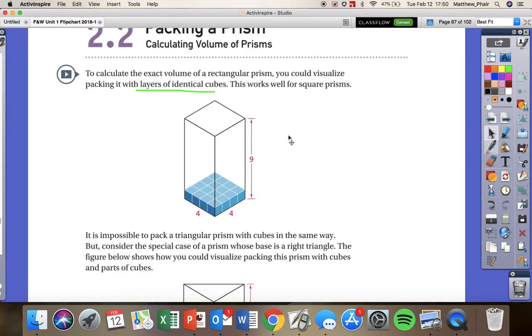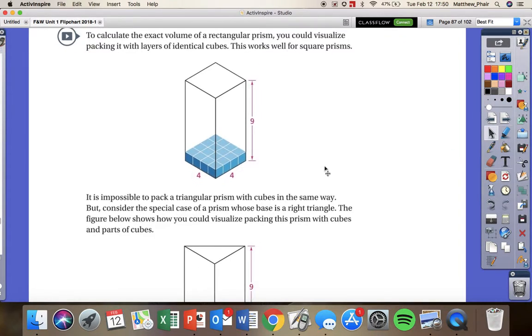So it's really easy when we talk about squares because the cubes fit really easily into square prisms. They don't work so easy in other shapes. So let's talk here first. To find the volume, I find the area of this base. So 4 times 4 is 16.